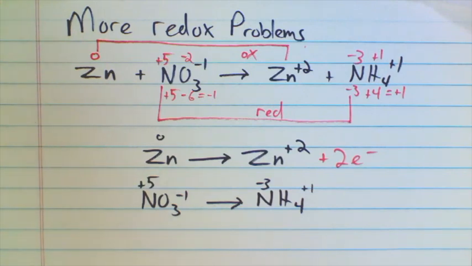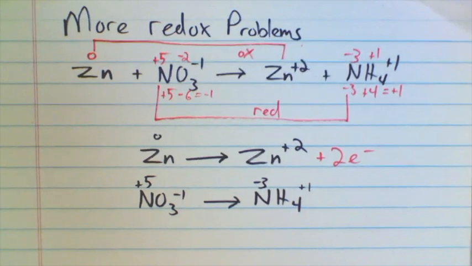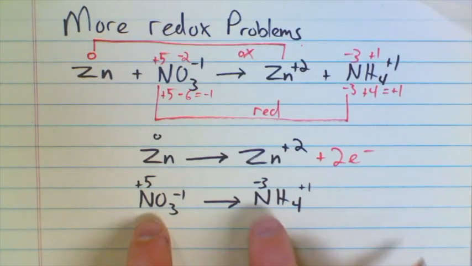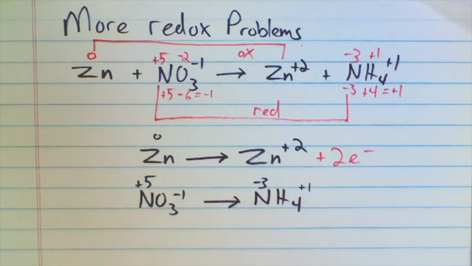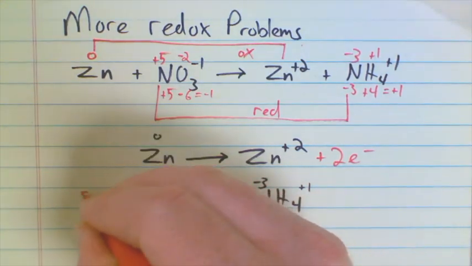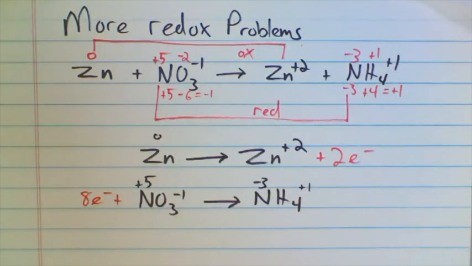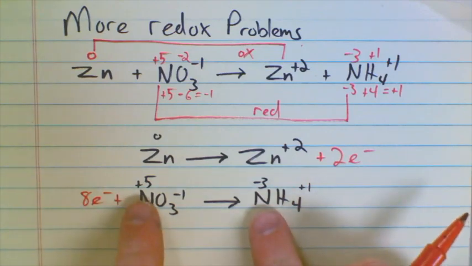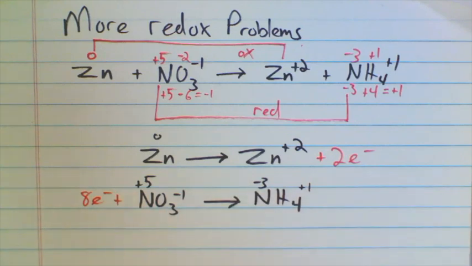So that's one clue here. They have to be opposite. What's the difference in charge here? We got +5, -3, so how many electrons is that going to be different? 8. 8 electrons difference. The difference is 8, so we need 8 electrons to balance that.